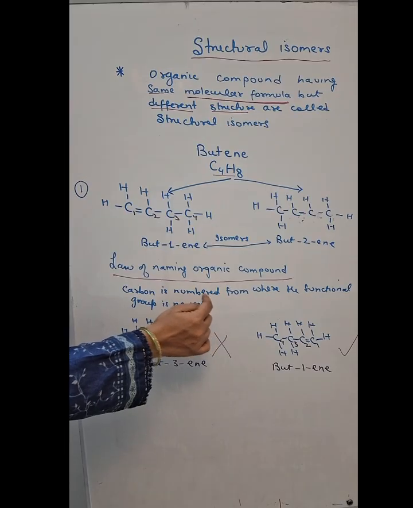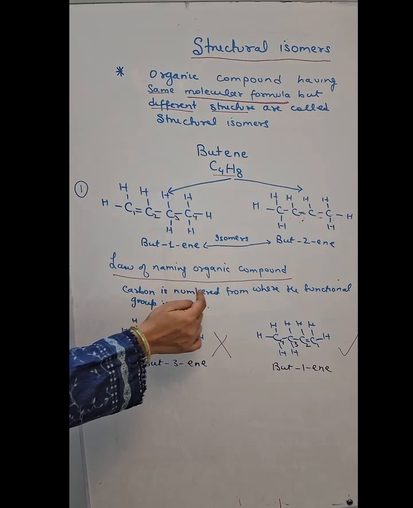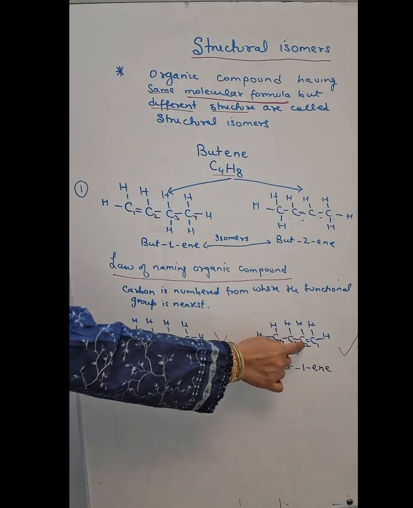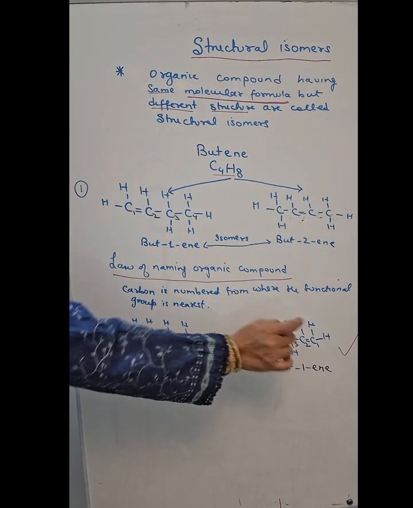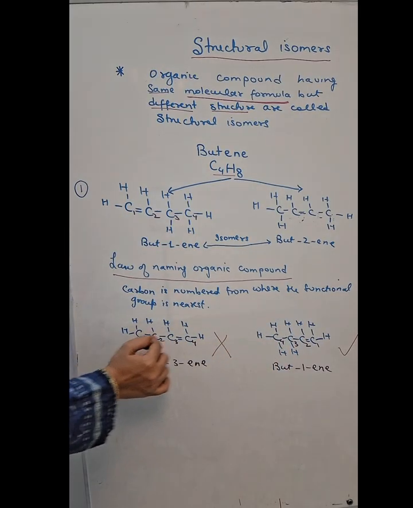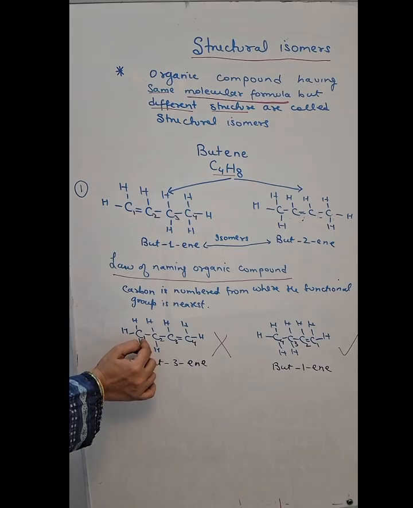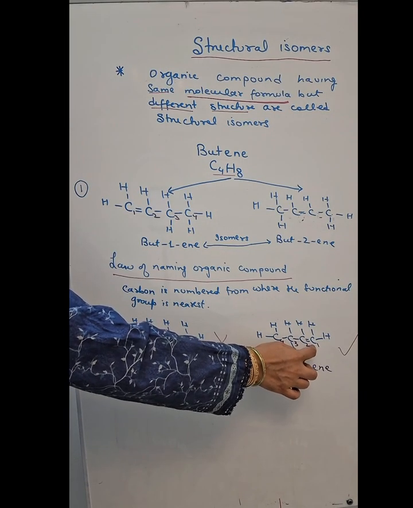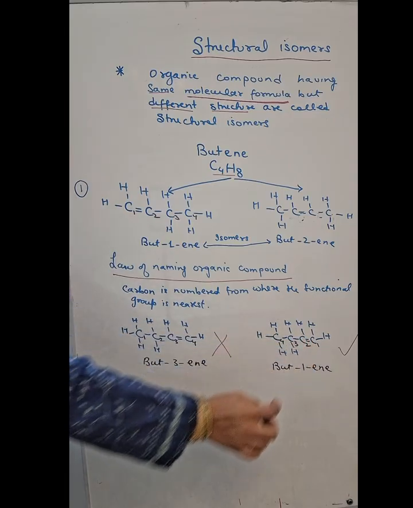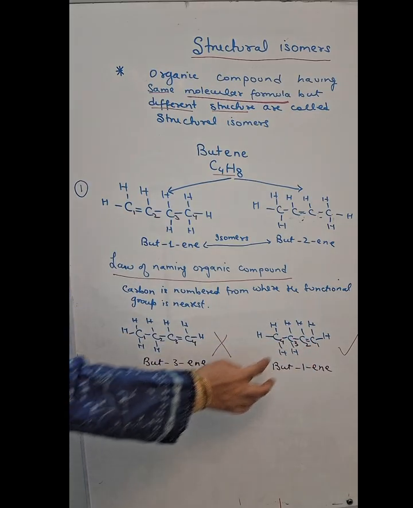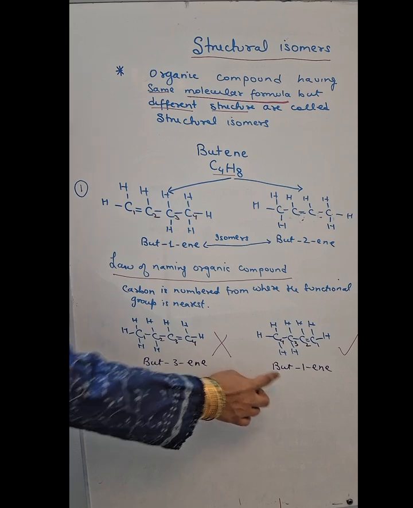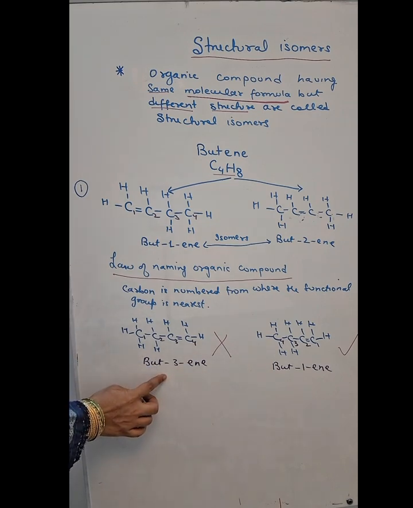Because our law said numbering of carbon will be done from where the functional group is nearest. And we know in alkene the double bond is the functional group. So we can't number this carbon as 1. We have to number this carbon as 1 because the functional group is nearest from this carbon. So the name of this compound will again be but-1-ene, not but-3-ene.